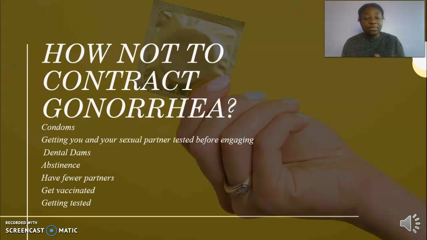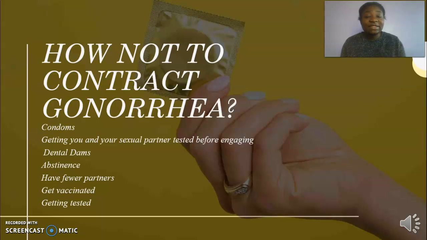Dental dams are basically the same as a male condom, just a female condom. Many people use these for the mouth or oral cavity, and males can use these also. I'm not going to pinpoint this to women. Then there's abstinence, abstaining from sex.